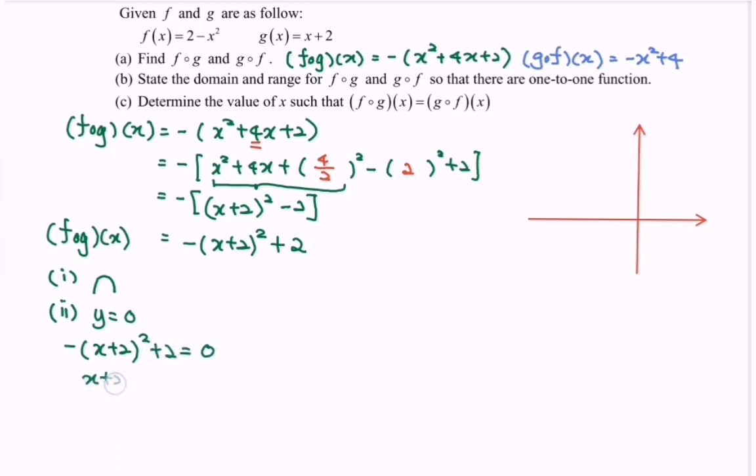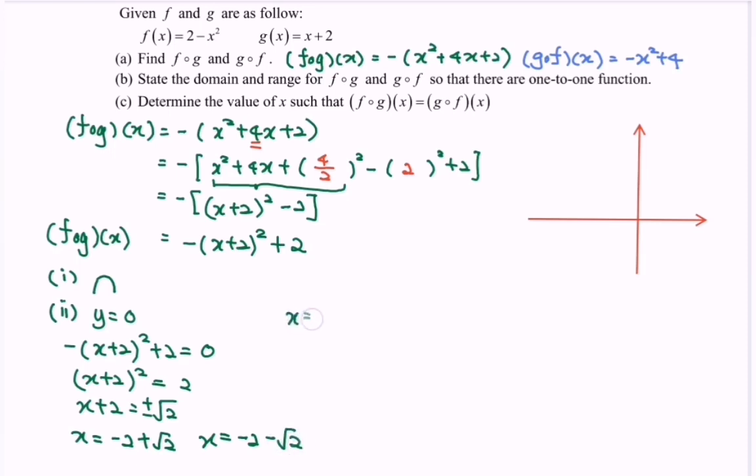So (x plus 2) squared equals 2. So x plus 2 equals the square root of 2, with plus minus. So x equals negative 2 plus the square root of 2, and x equals negative 2 minus the square root of 2. Those are the x-intercepts.